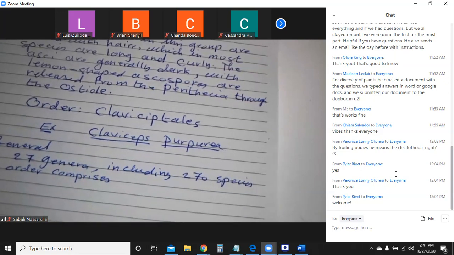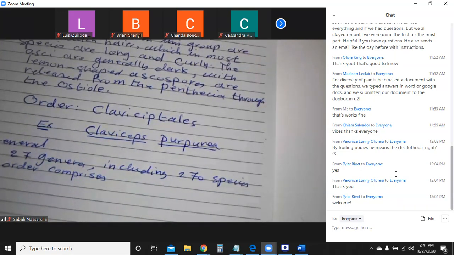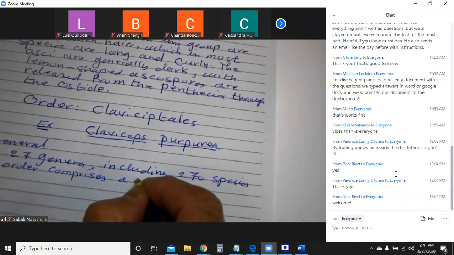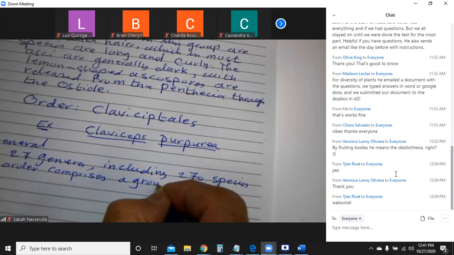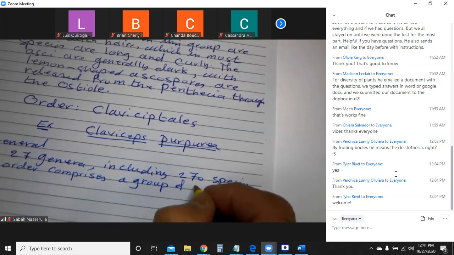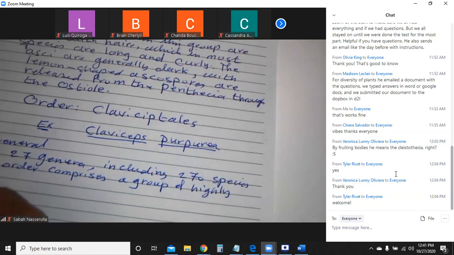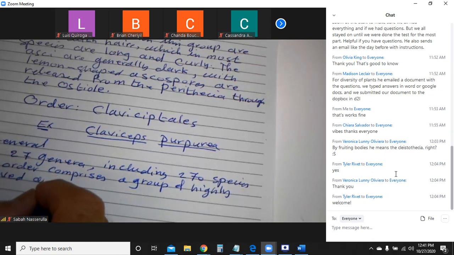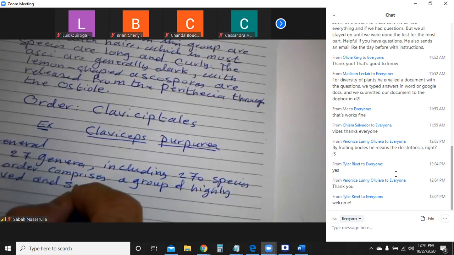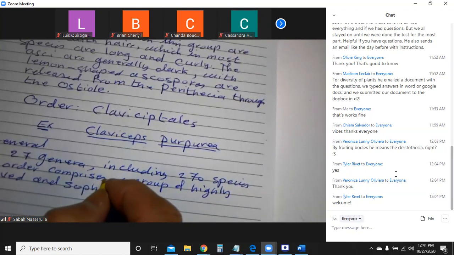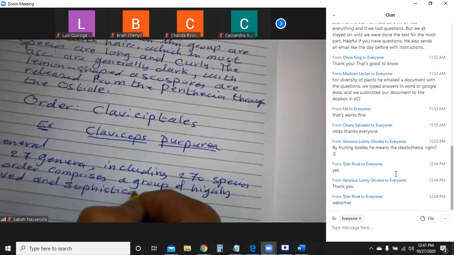This order comprises a group of highly evolved and sophisticated fungi.